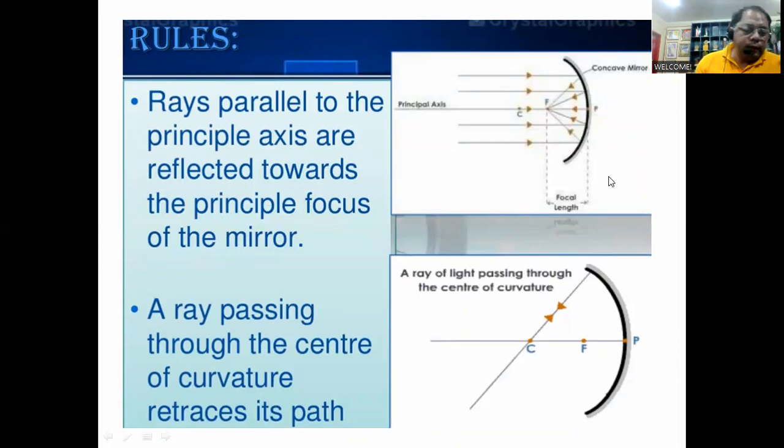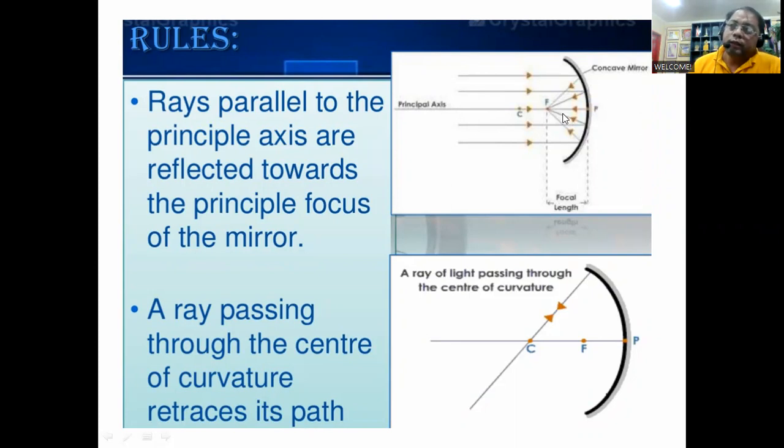Now perhaps, this concave mirror, let's get the characteristic of the light as it strikes the concave mirror. Now, we believe that light comes from a very, very distant location, the source of light being the sun.